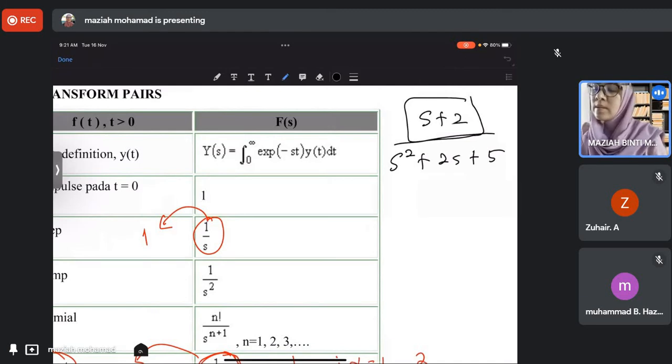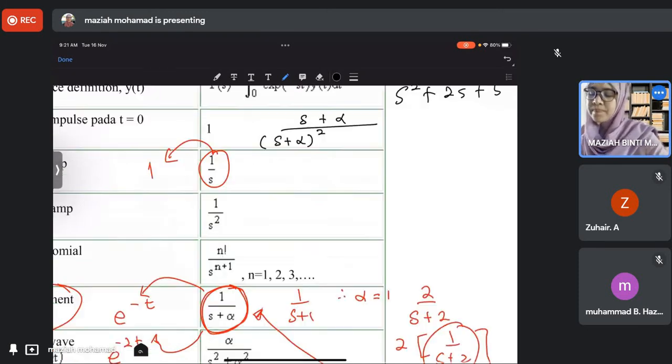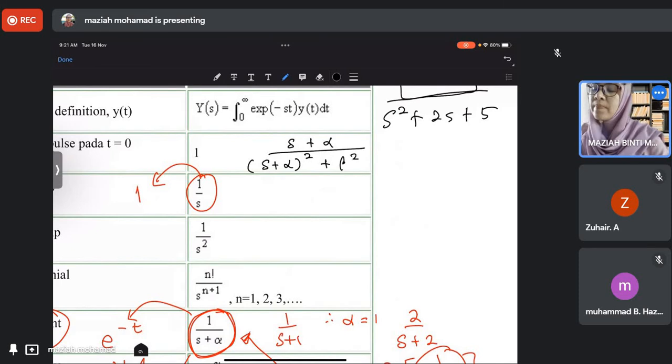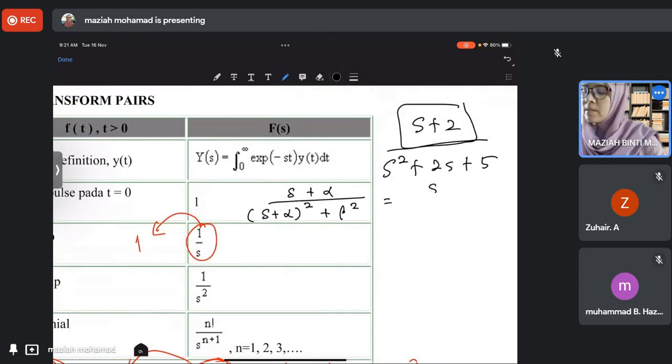Let's write the general form: S plus alpha divided by S plus alpha squared plus beta squared. This will be S plus 2 divided by S plus 2 squared. If you have S plus 2 squared, that is S square plus 4S plus 4.